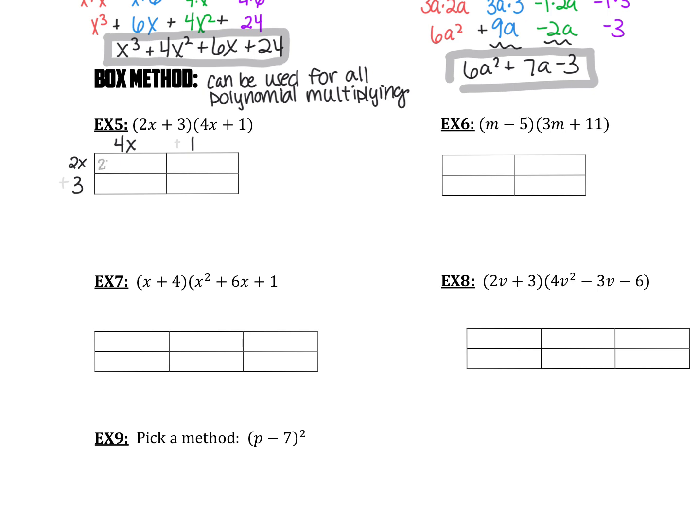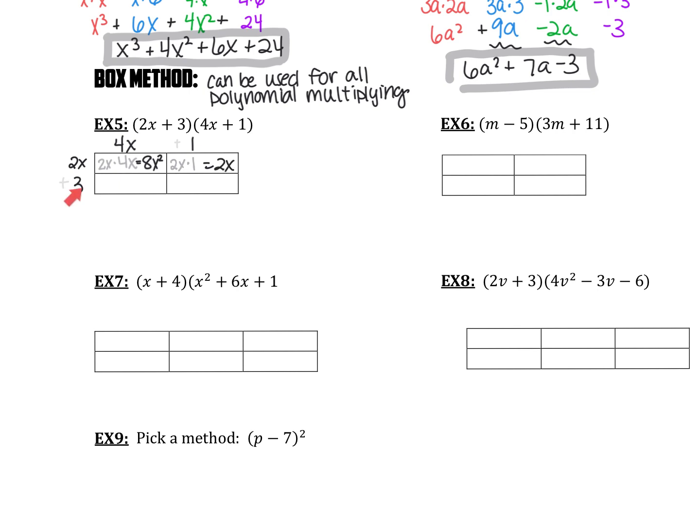So I'm going to multiply 2x times 4x, and 2x times 4x gives me 8x squared. So that's what's going to go in the box, the 8x squared. My next box, I'm going to multiply the 2x and the 1. So 2x times positive 1 gives me positive 2x.